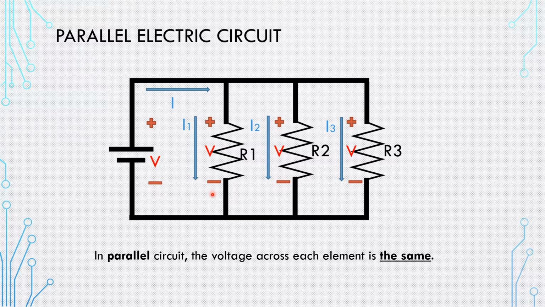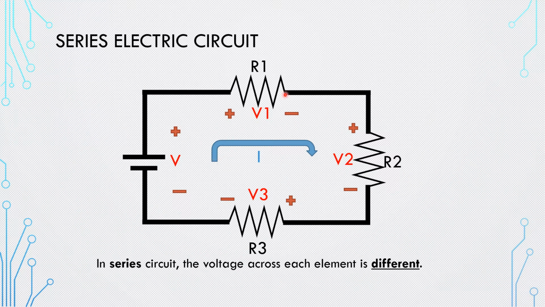So if you have 10 volts here and they ask you to find the voltage across R1, directly it's going to be 10, because they are connected in parallel. They're sharing the terminals of the battery or the power supply. And you're going to have the same polarity as the voltage source. So the polarity here is positive, negative, then you're going to have the same polarity, positive, negative.